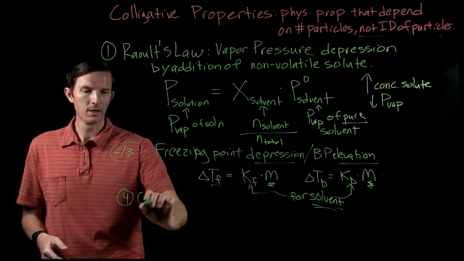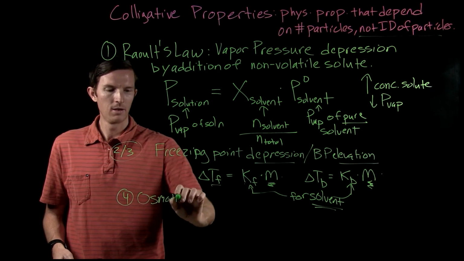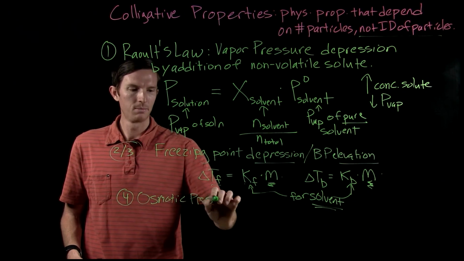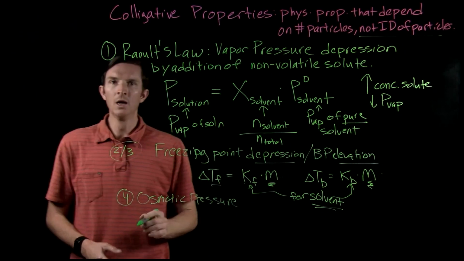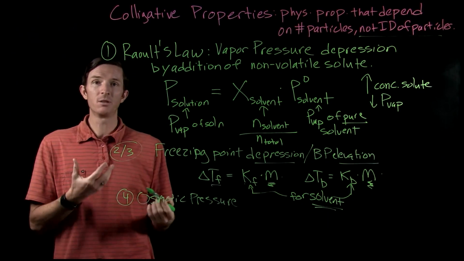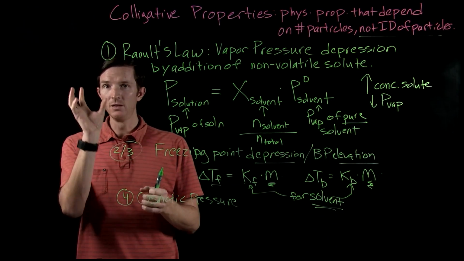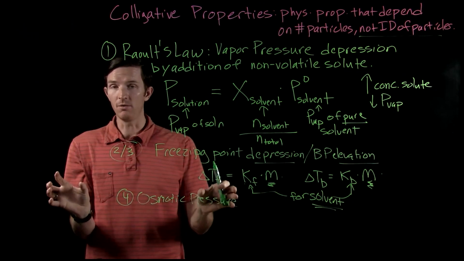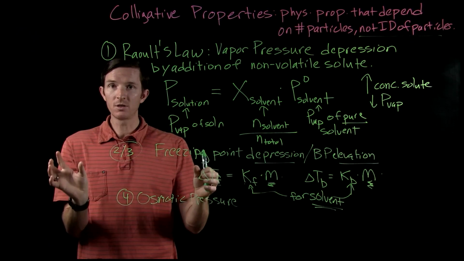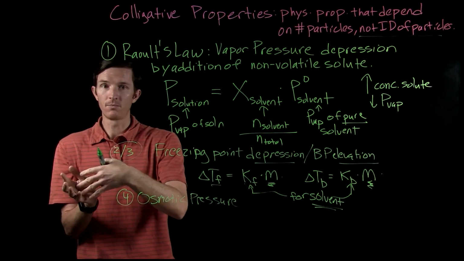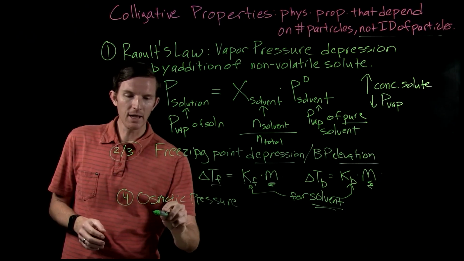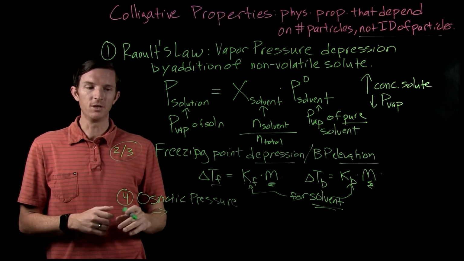The fourth one is osmotic pressure, okay? So osmotic pressure is a pressure that is created when we have a solution and a pure solvent. The pure solvent is going to want to move into the solution, okay? We don't necessarily have time to discuss this in this video.